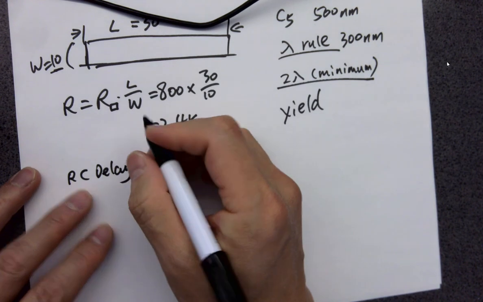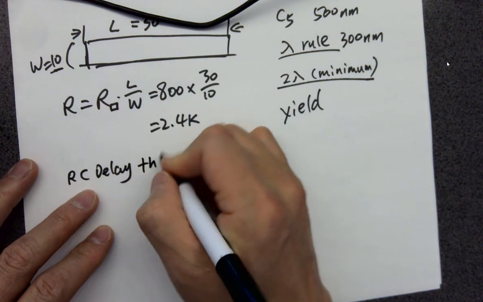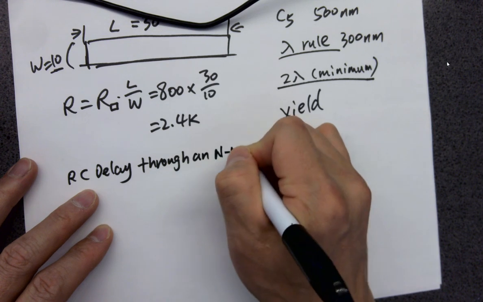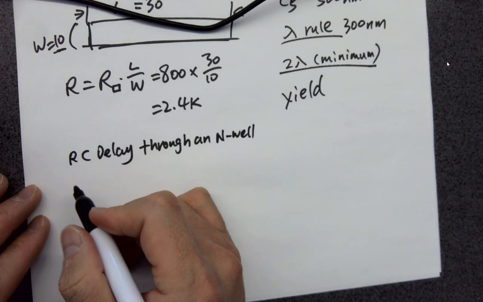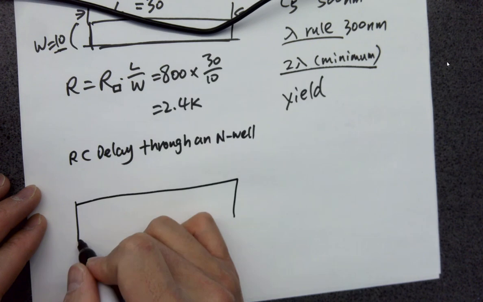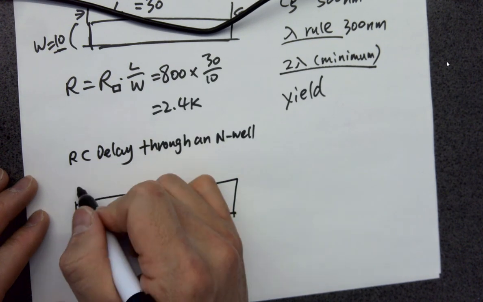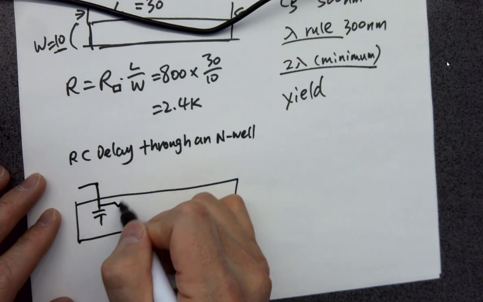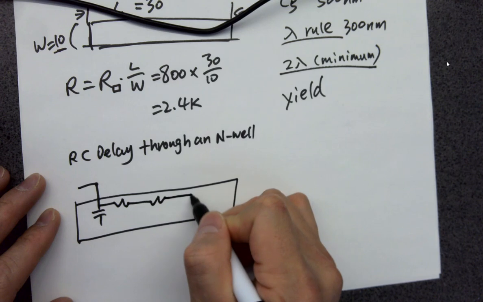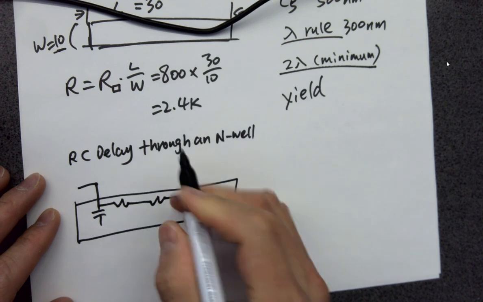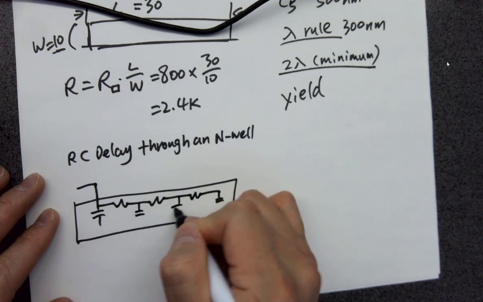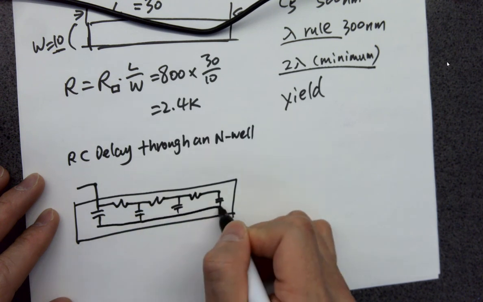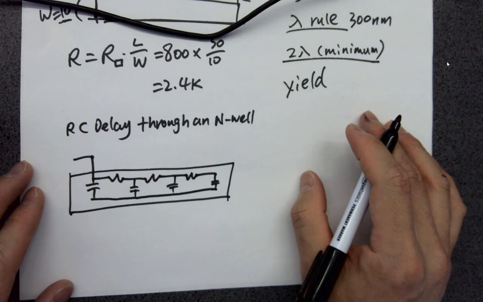RC delay through... let's draw this circuit here. This is the substrate from the side and input... so that's how you model it.